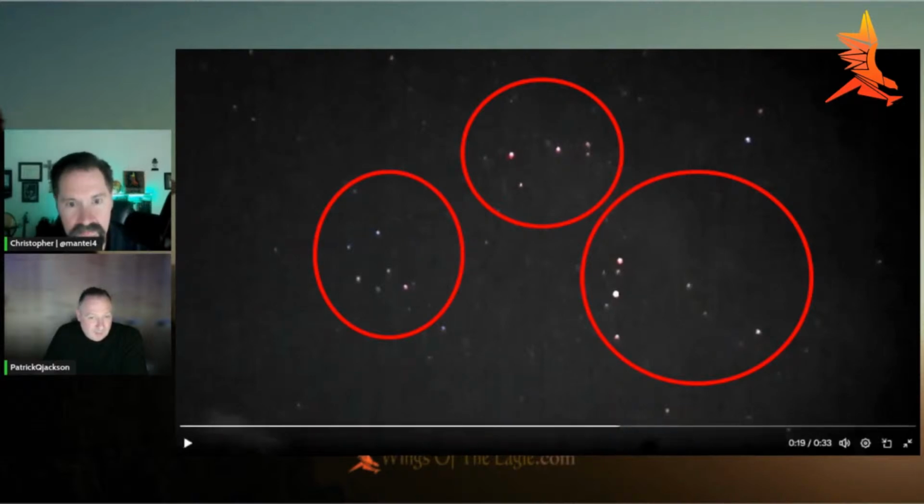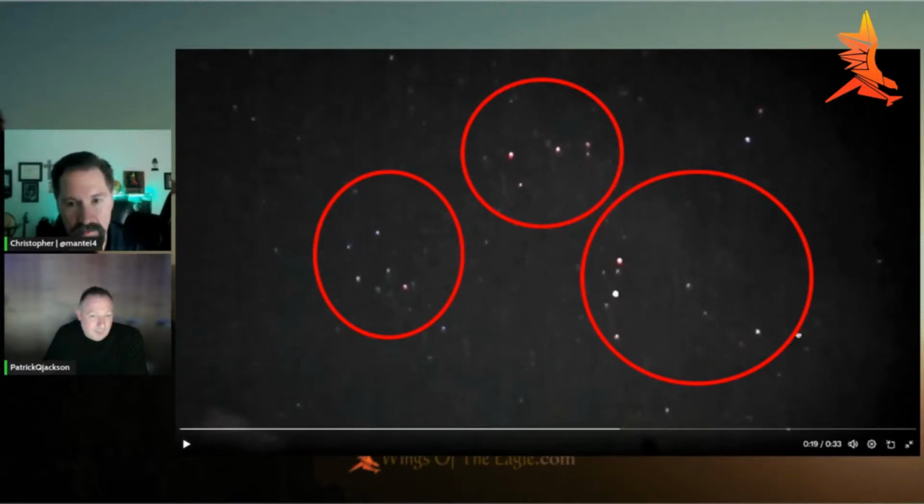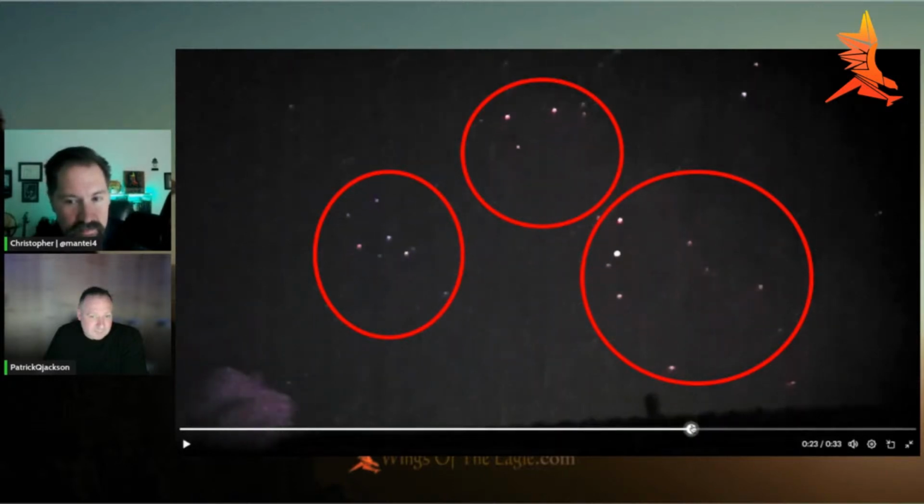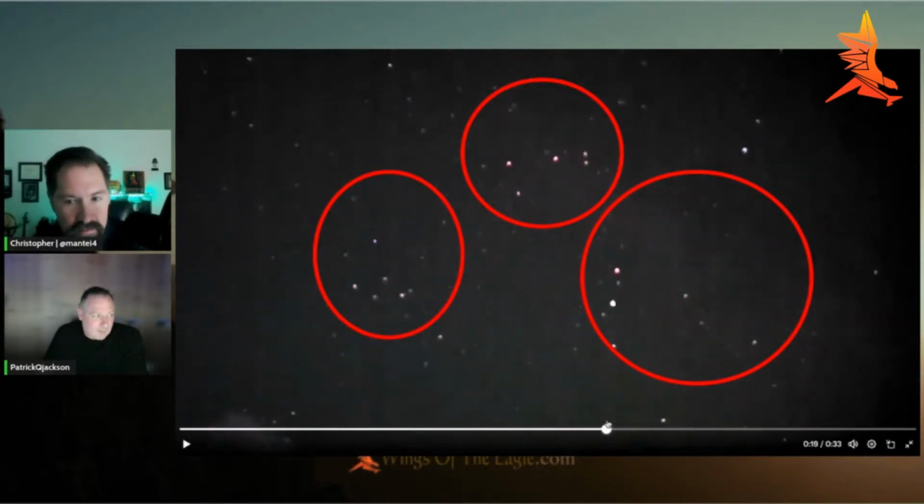And when I see that, that matches the type 1 V formations, just bigger versions of them. And what we've done is we've misidentified these patterns as stars, if you didn't know any better. You're just looking up, you're seeing lights. Wow.